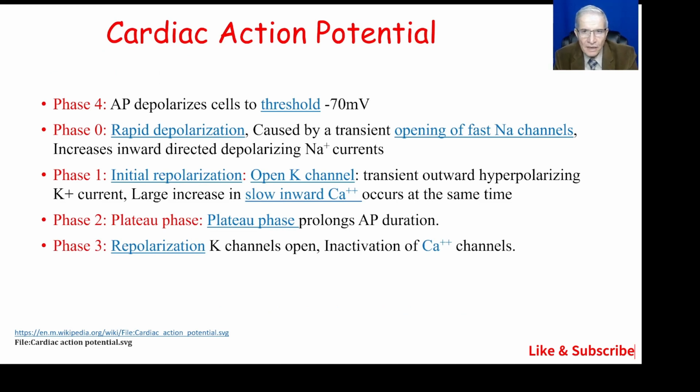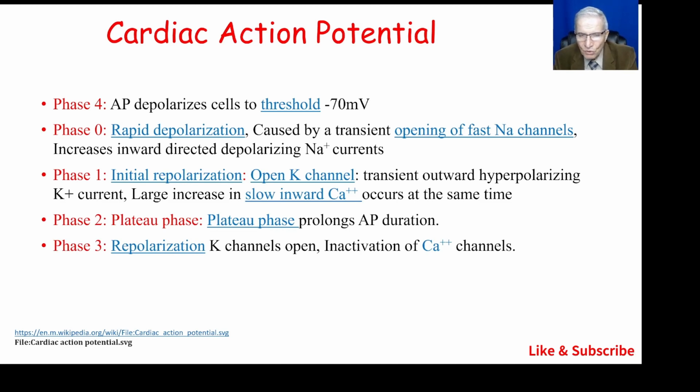Speaking about the cardiac action potential, we have 5 phases. We start with phase 4, in which the cells depolarize to the threshold of about minus 70 millivolts, followed by phase 0, which means rapid depolarization, caused by a transient opening of fast sodium channels.